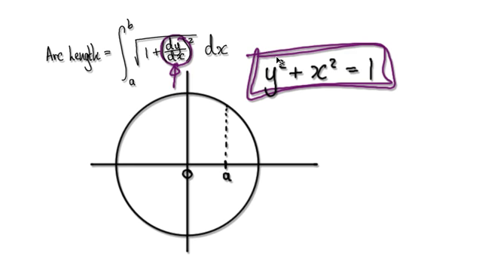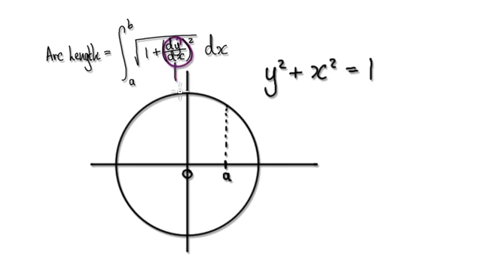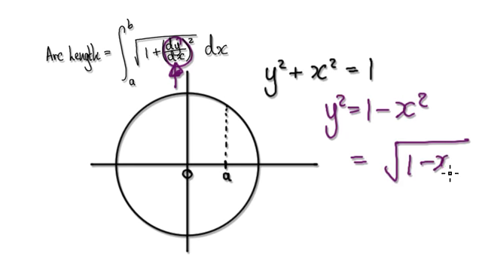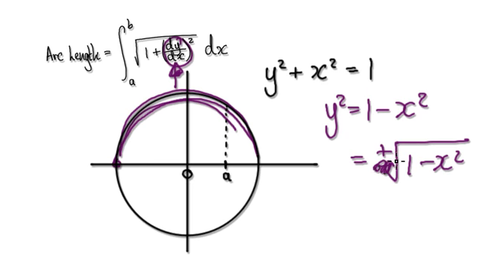So rearrange this: y squared equals 1 minus x squared. Square root both sides, and it would then give you this, plus minus. But we're only concerned with the positive one, so let's discard the negative.